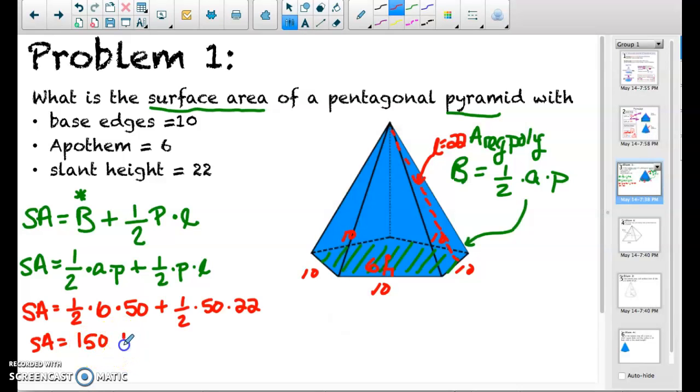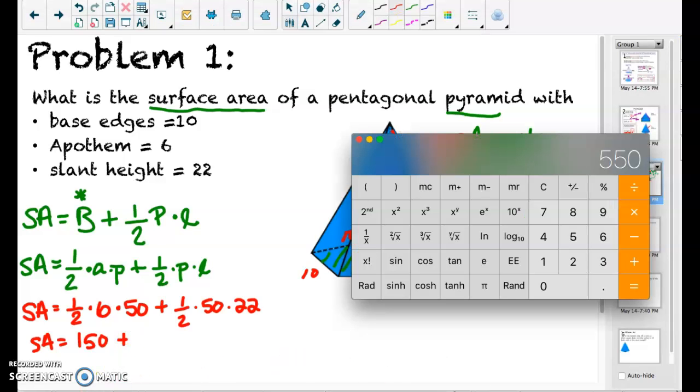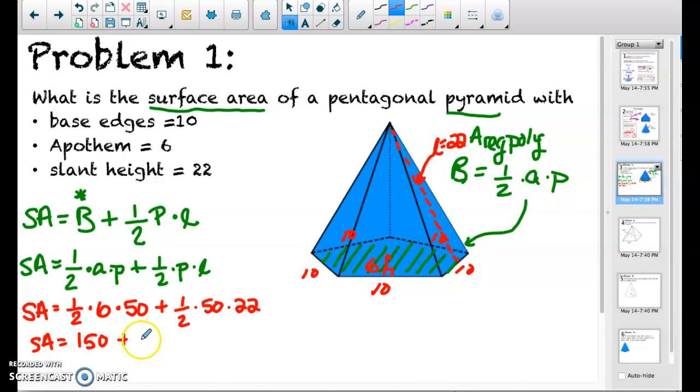So I've got plus, oops, sorry, I misspoke, 550. So 150 plus 550, our total surface area is 700.